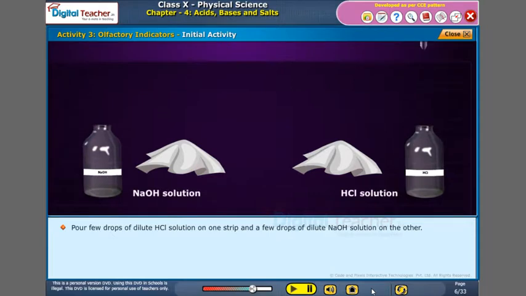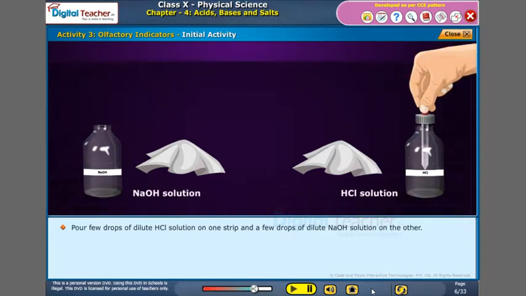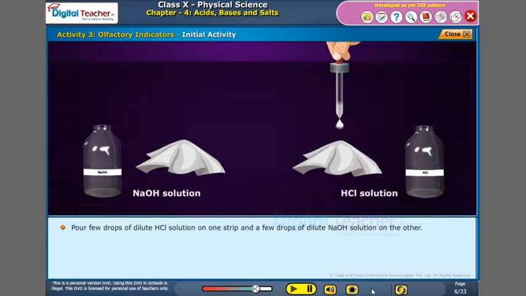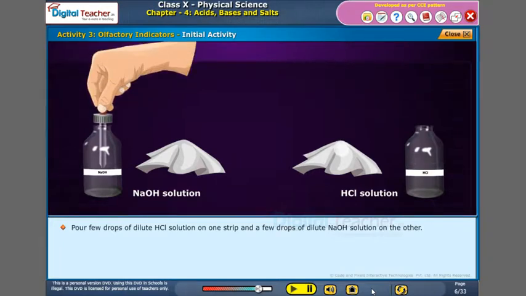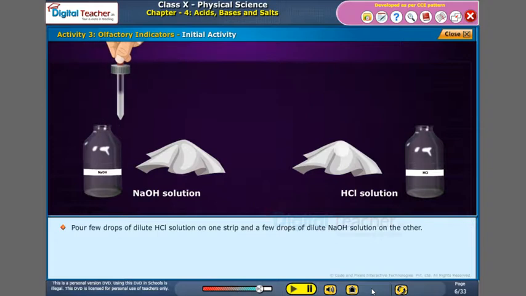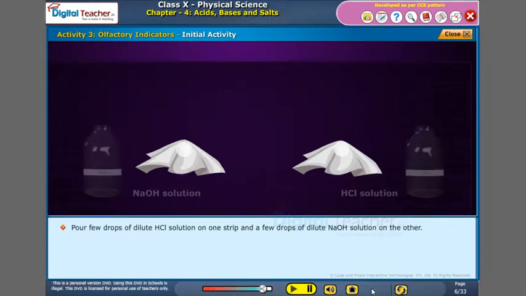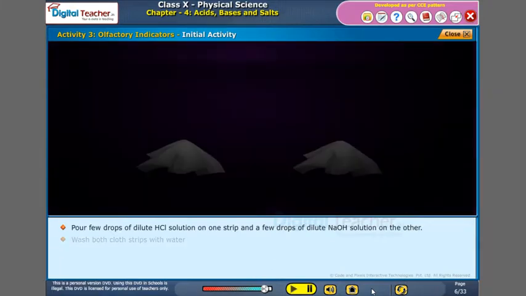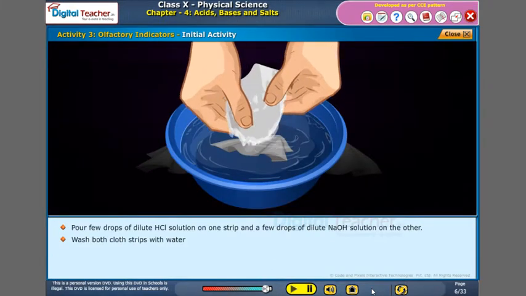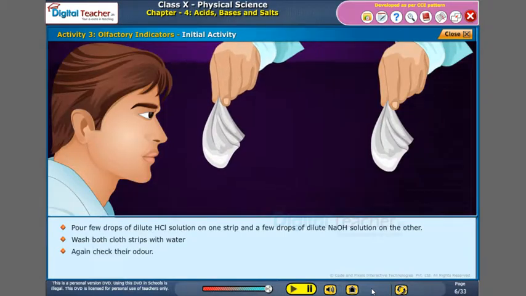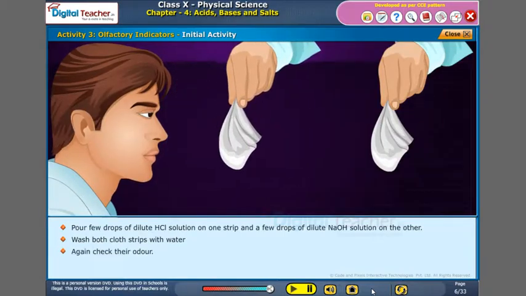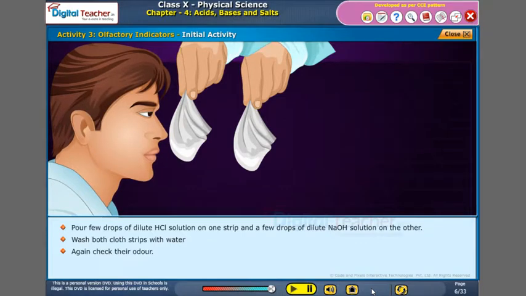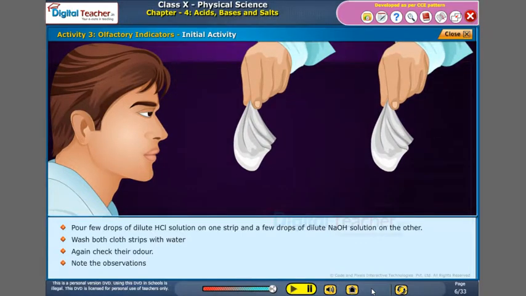Pour a few drops of dilute hydrochloric acid solution on one strip and a few drops of dilute sodium hydroxide solution on the other. Wash both cloth strips with water. Again check their odor. Note the observations.